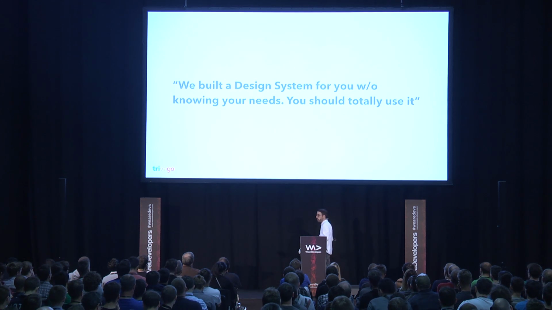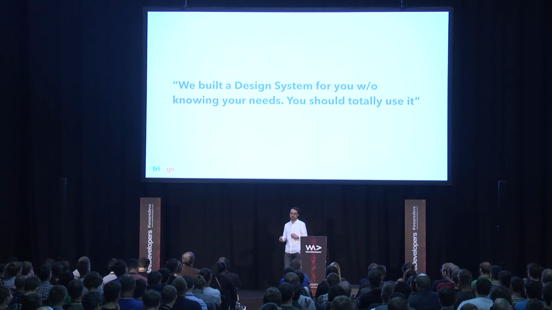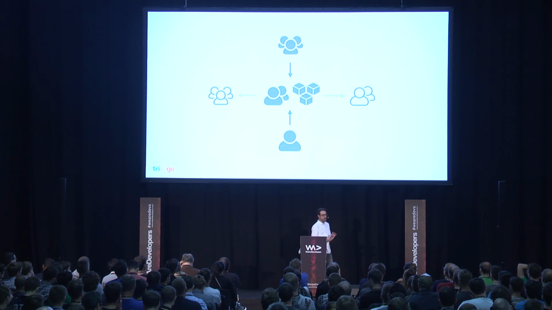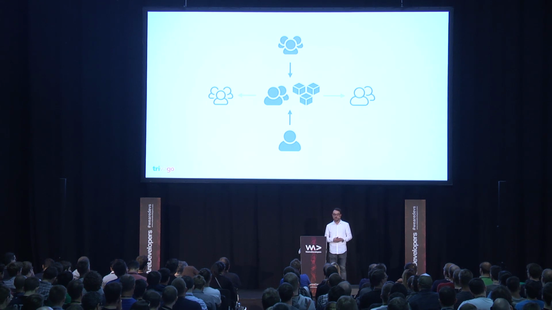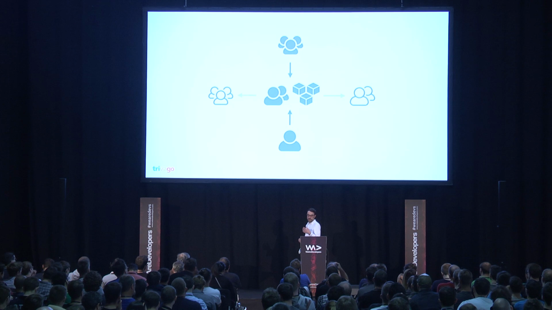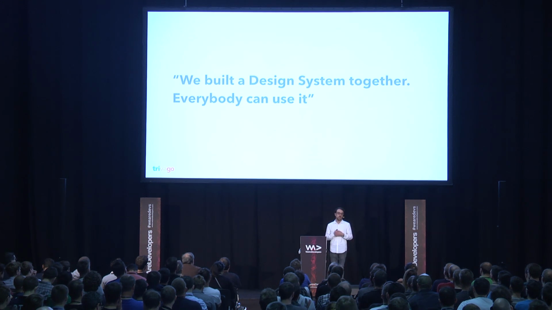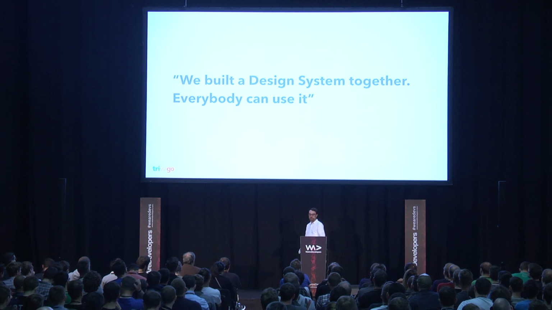So that's why, after the refactoring, before we went into this mode to tackle the components, we still kept a centralized team which was responsible for maintaining the guidelines and creating roadmaps. But we had contributors from different teams who also contributed to the system. So we built a design system together, which then everybody should use.